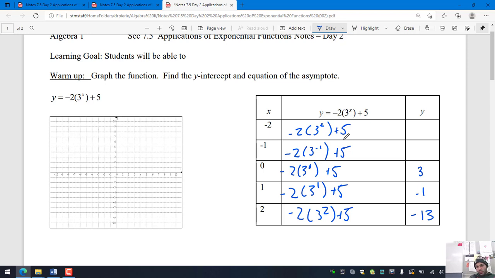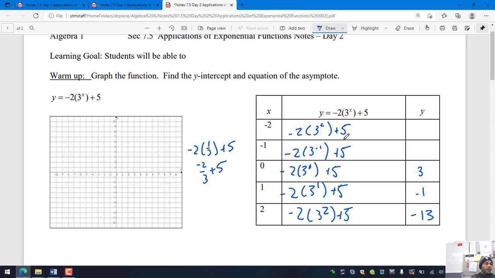The first thing we have to take care of is that exponent. 3 to the negative first power is the same thing as 1 over 3 to the first power, or just 1/3. So what this really is, is negative 2 times 1/3 plus 5. Order of operations means you have to do multiplication next. Negative 2 times 1/3 should give you negative 2/3. And then I want to add 5 to that. How do we add fractions?